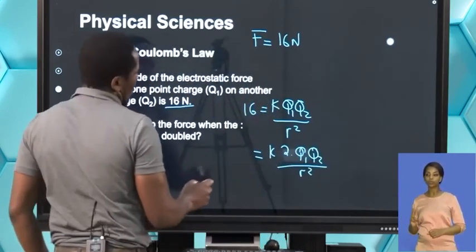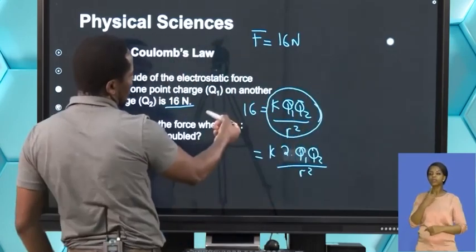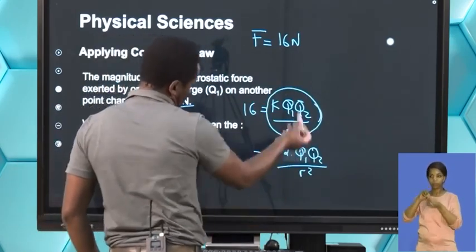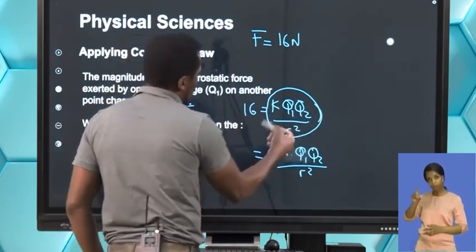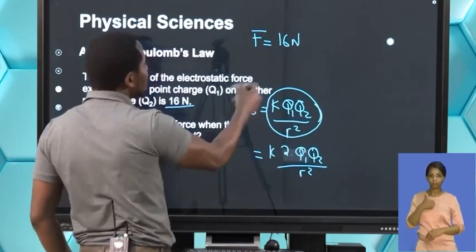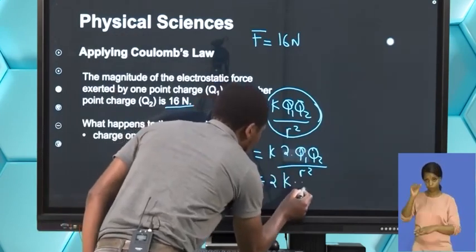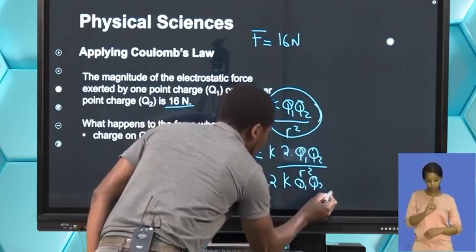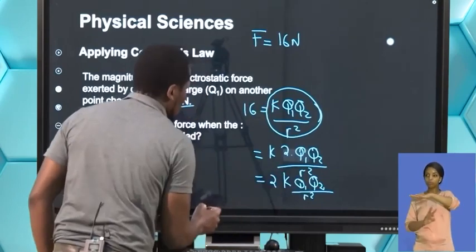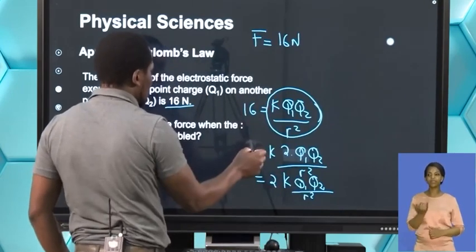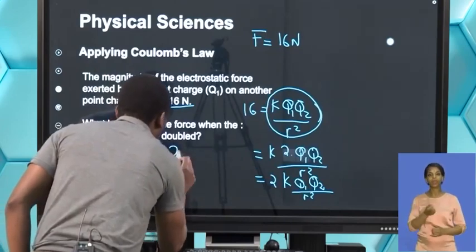Now, if we're saying this is equal to 16, mathematically the left-hand side equals the right-hand side, so this term is equal to 16. I want to express the new force in terms of 16. This is going to be 2K Q1 Q2 over R squared, so this is like 2 multiplied by 16. So if we double one of the charges, the force will be doubled. So the new force will be equal to 32 newtons.